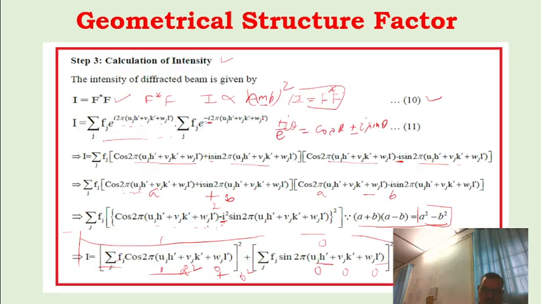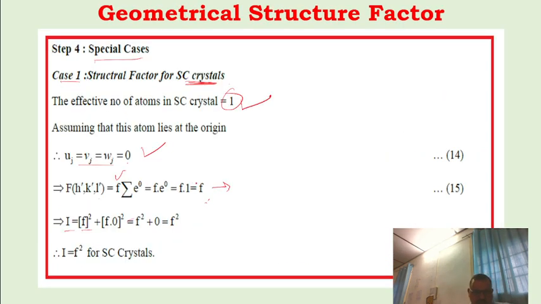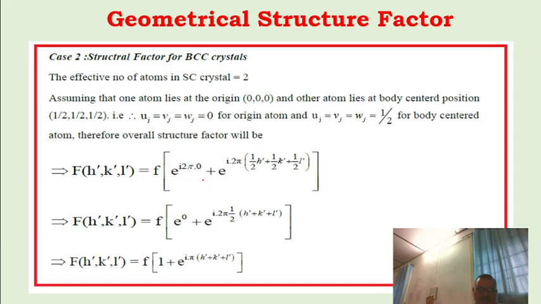So we have this equation. So this is f, so intensity will be f square plus f into 0, that is f square plus 0, that is f square. So this will be the relation for simple cubic crystals.